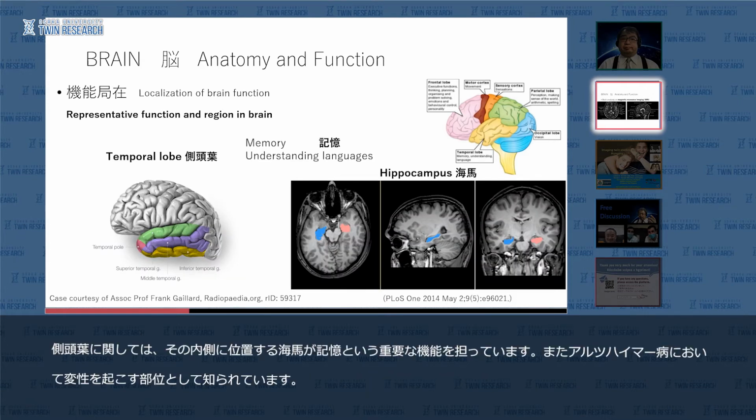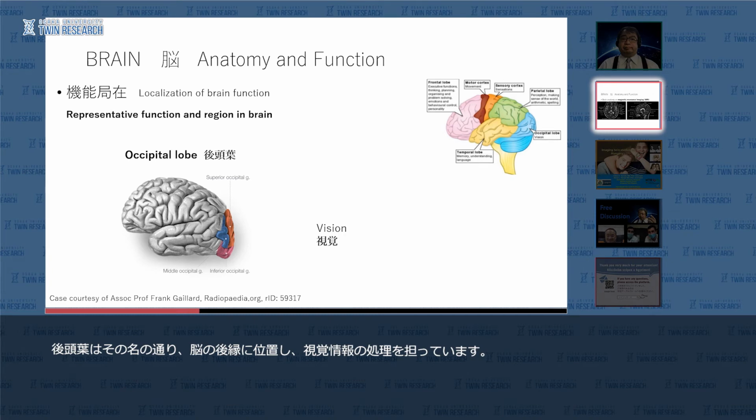When it comes to the temporal lobe, the most important function is considered to be memory from the inside area that is known as the hippocampus. The hippocampus plays an important role in information processing and the reproductive cycle, and is involved in Alzheimer's disease.